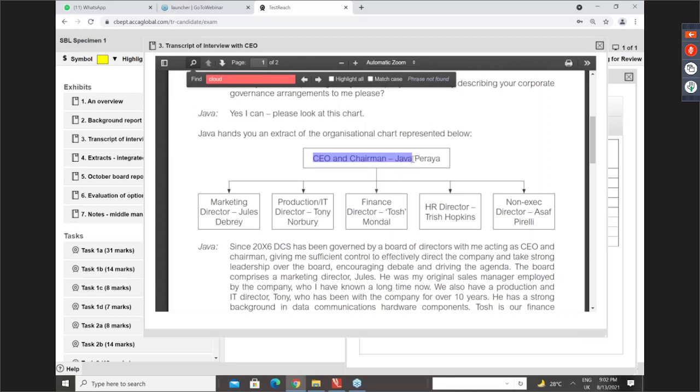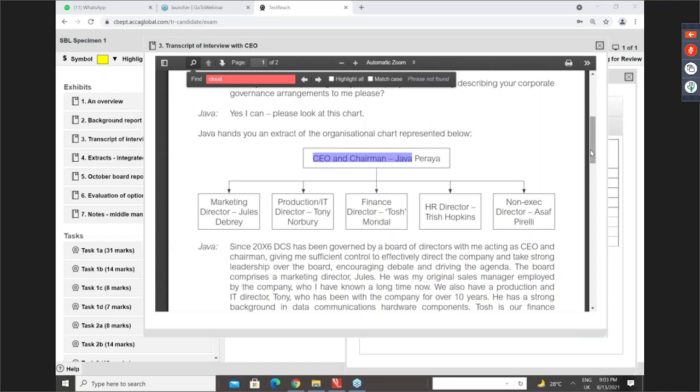That means there is no separation of roles between CEO and chairman. And the other one, what is the other mistake or weakness you saw?